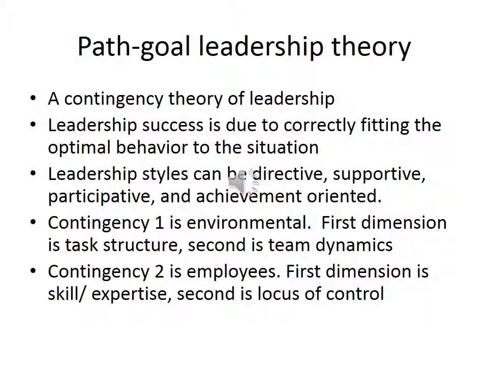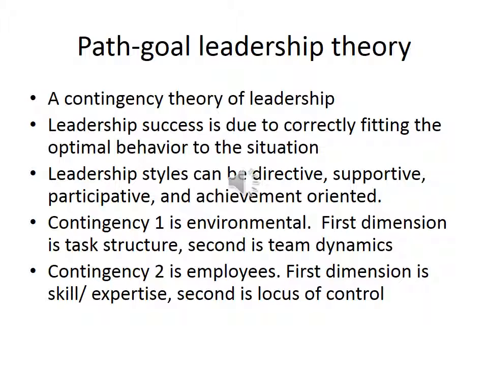Now, the path goal theory of leadership is the best theory we have. It's pretty complex, so I'm only going to sketch it, but it's a pretty good description of what we need as a leader, of what determines organizational success and leaders' roles in it.